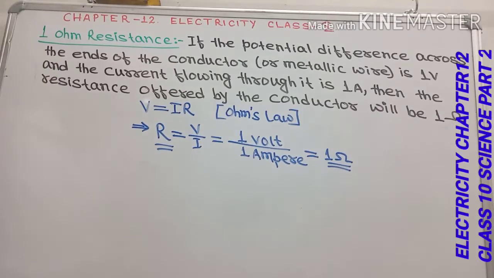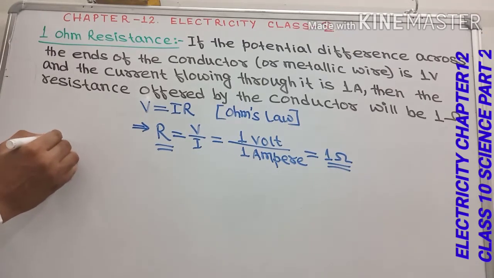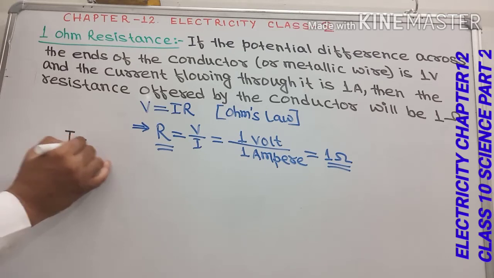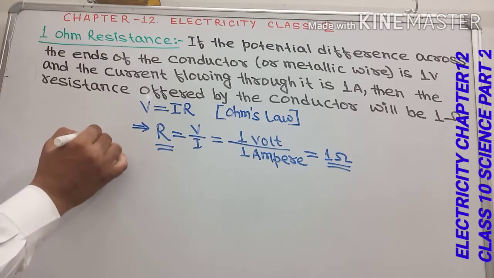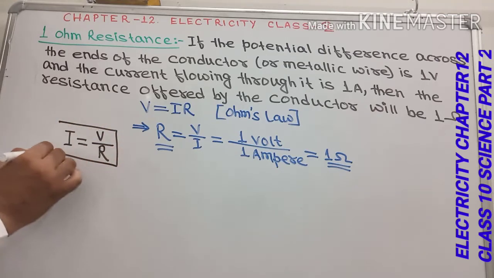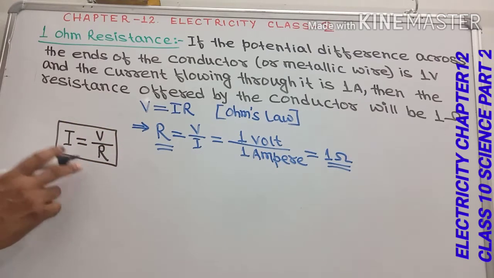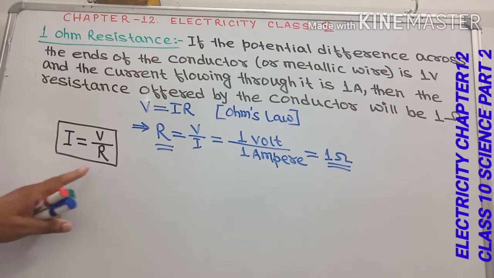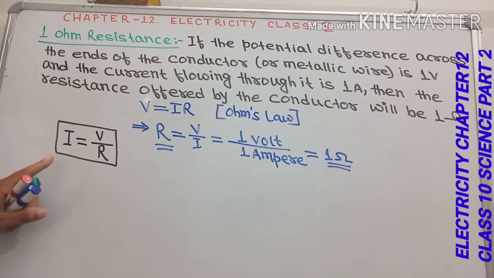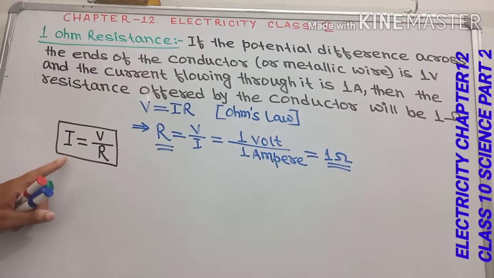Now from Ohm's law we can also find that the current I will be equal to V upon R. Now what does this indicate? This indicates that the current flowing through the conductor is inversely proportional to its resistance.